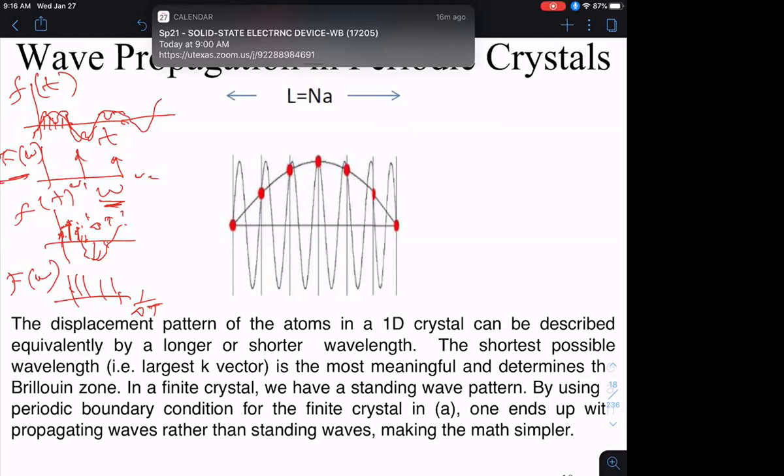The real important thing to remember is if I have something that's periodic in time, in the frequency domain, I can take the Fourier transform and I get these frequency components. Well, in a crystal, I have something that is not periodic in time, but it's periodic in space, okay? So once again, you can take a Fourier transform of a periodic function in space, where f of x plus a equals f of x, where a is the lattice constant, right?